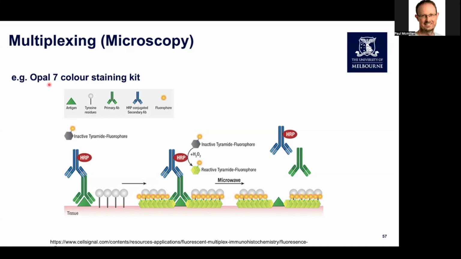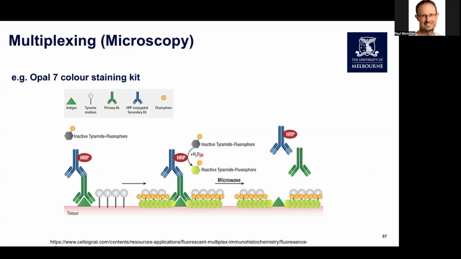One approach to that is something called Opal. It's a kit which comes with a certain number of different colors. In this case, we're still using primary and secondary antibodies, but instead of the secondary having a fluorophore attached, it has an enzyme attached called horseradish peroxidase.